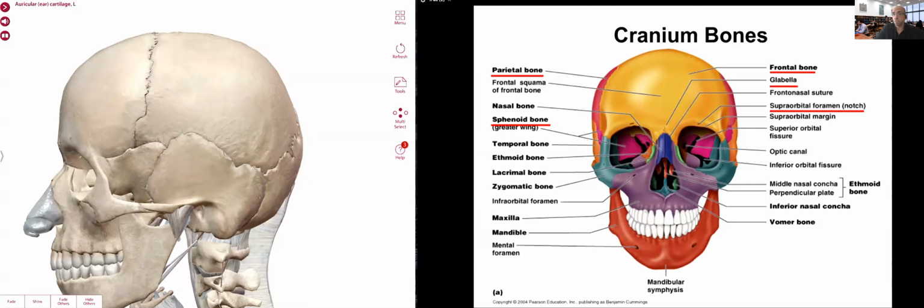Not permanent, right? It's for a short duration. So what is temporal? Temporal means time. So why do we call this bone the time bone, the temporal bone? What do you think? Any guesses?